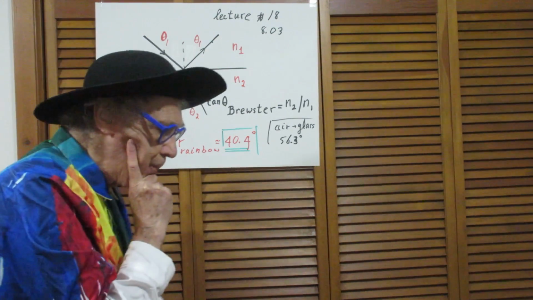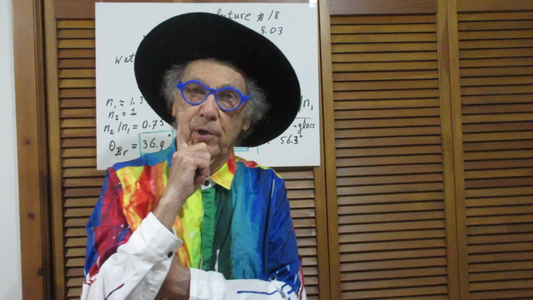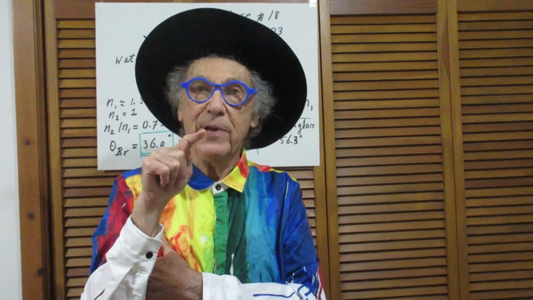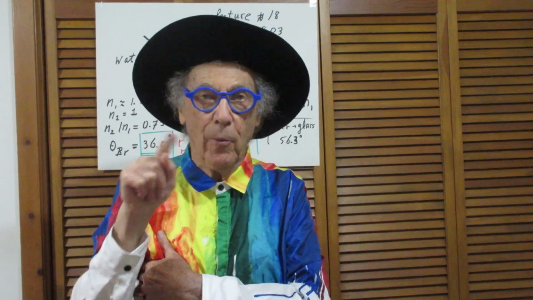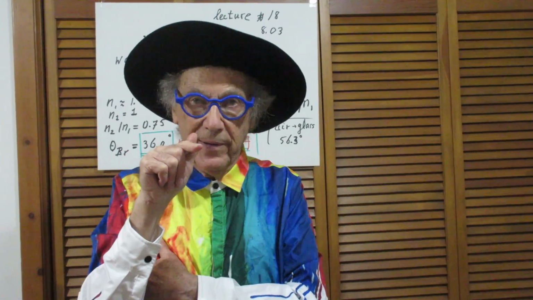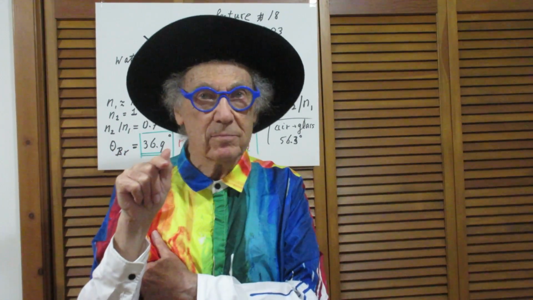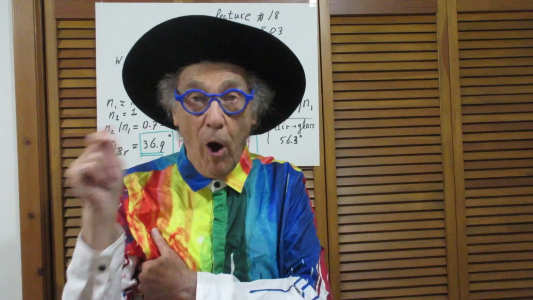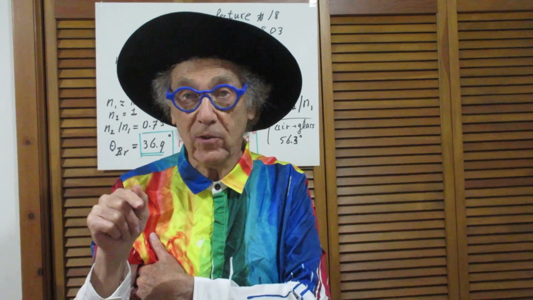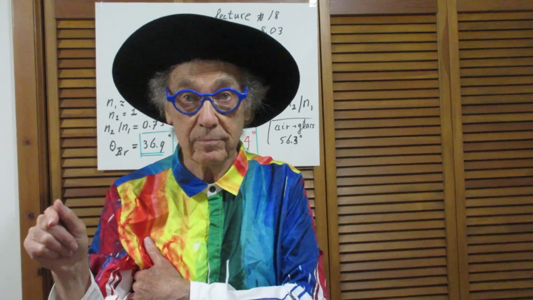So now, let's go back to the water drops. The light reflects on the back of the water drop. When the light is in the water, it reflects off air. Outside the water drop is air.